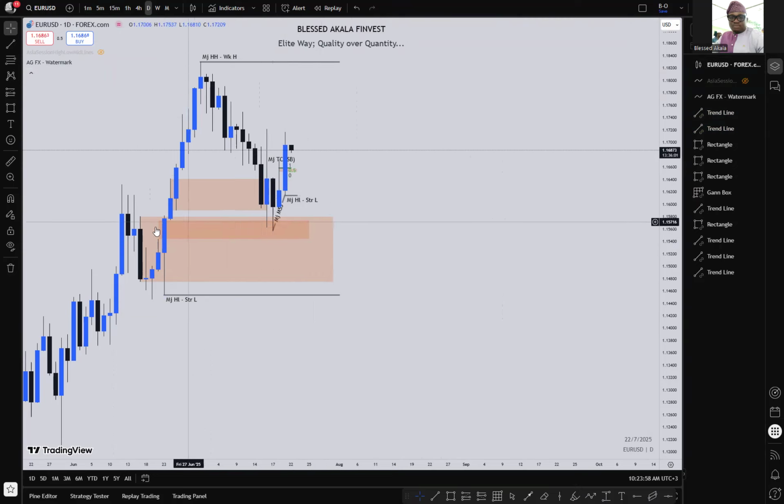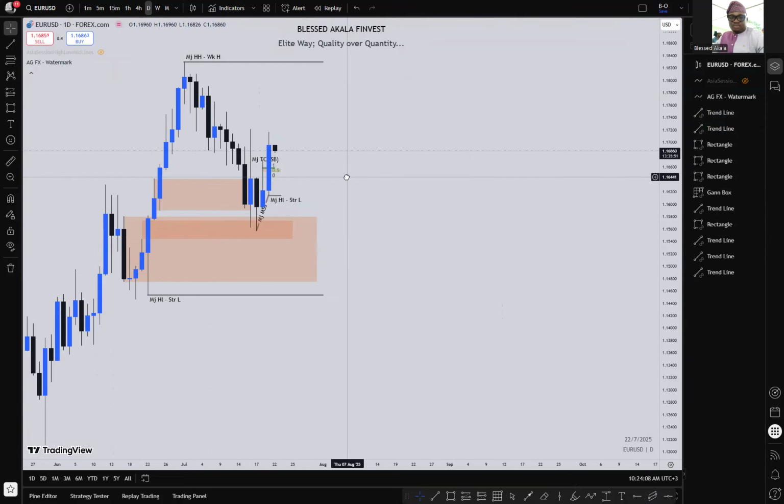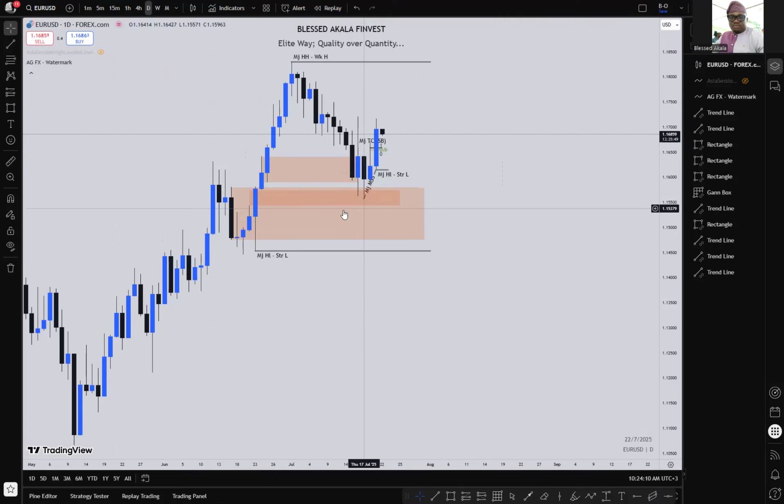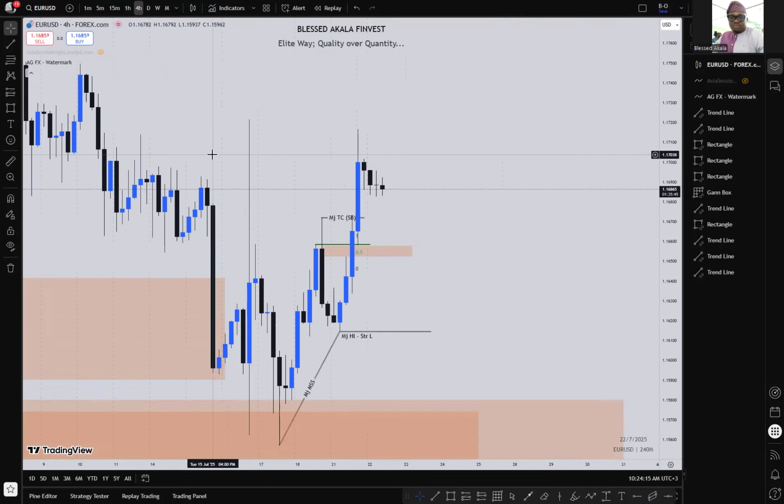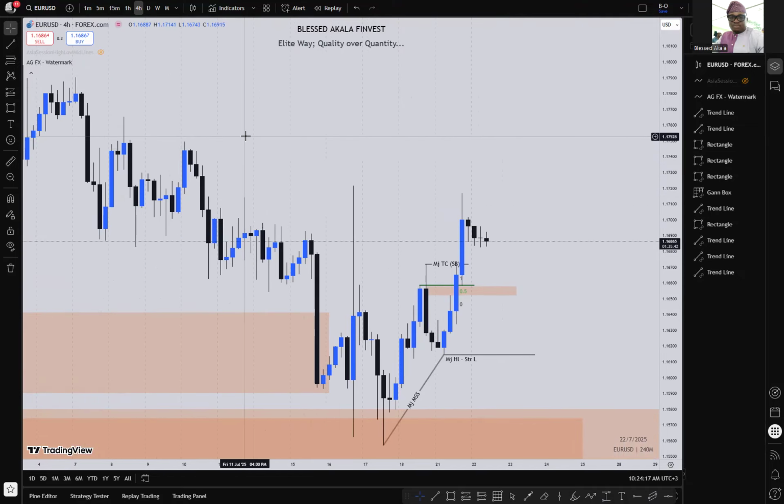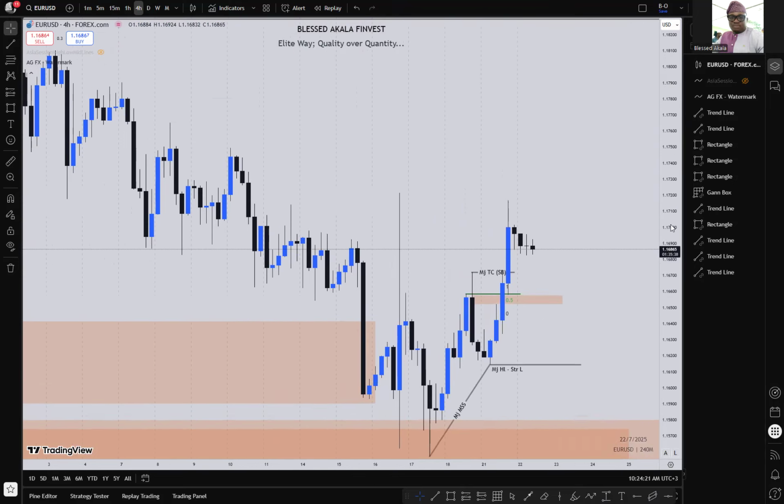We have this level here, this order block, and it got materialized. And as we can see, we are seeing a very massive impulsive move away from the level. We've gotten a shift now on 4 hour. There is a bigger shift on 4 hour, which is some kind of reversal pattern in the market.